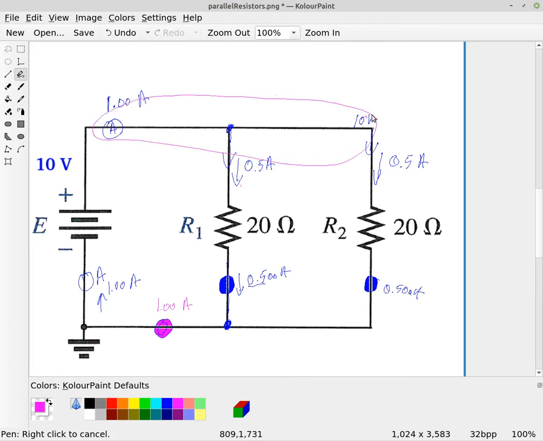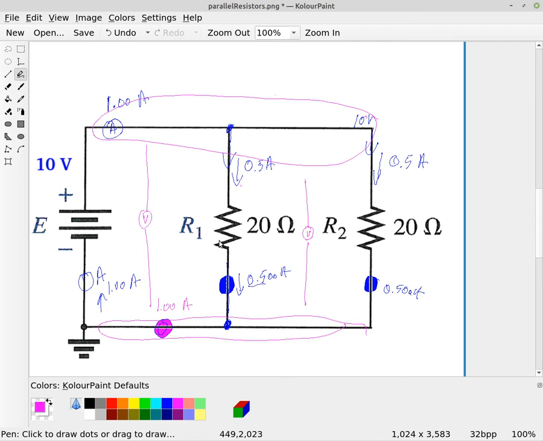This is all one node. This top wire is all one node, and the bottom wire is all one node. So the voltage, if we were to measure the voltage anywhere along here, we are reading a voltage of 10 volts.